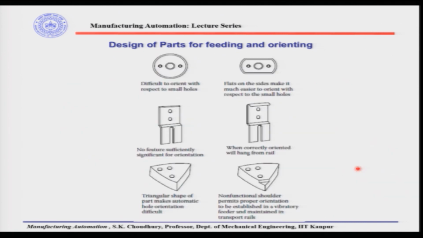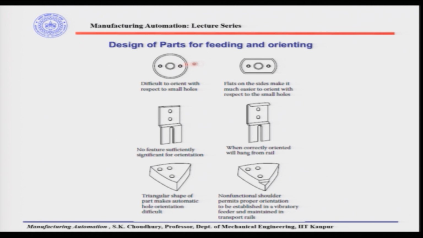Look at these parts, for example. These examples are given for feeding the parts and orienting the parts in a better way, meaning that these changes in the design which are shown here will make the feeding and the orienting easier. Let us see this design. This is a disc with a center hole and 2 holes on the sides. Now, this disc is very difficult to orient with respect to these small holes, because there is no surface here to grab for the gripping.